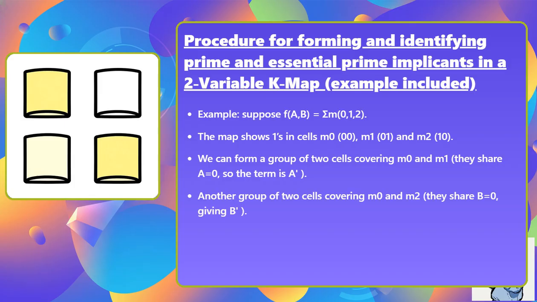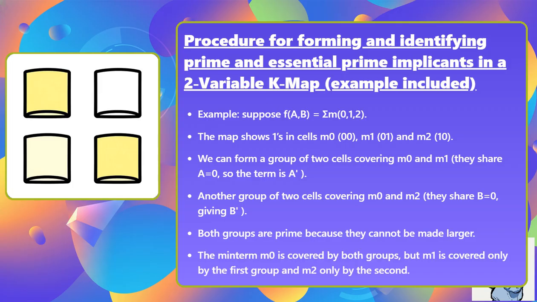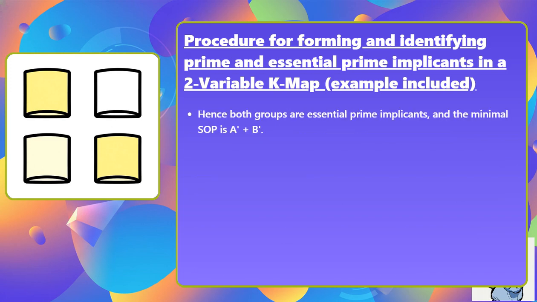Another group of two cells covers m0 and m2. They share b equals 0, giving b prime. Both groups are prime because they cannot be made larger. The minterm m0 is covered by both groups, but m1 is covered only by the first group and m2 only by the second. Hence, both groups are essential prime implicants, and the minimal SOP is a prime plus b prime.